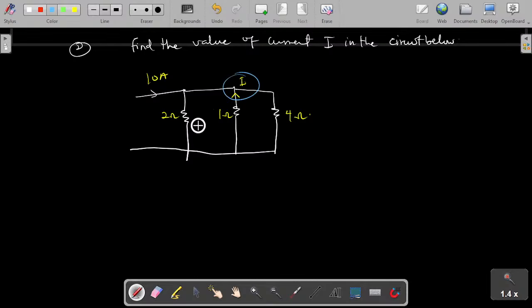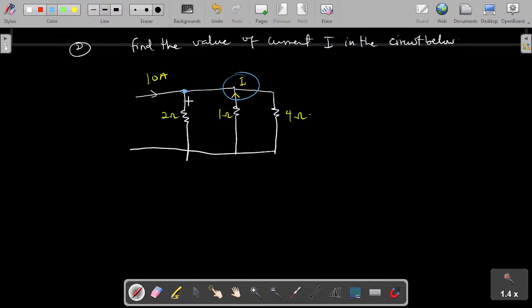But how do you think about this problem? The source here is a current source. The current source is arriving at this junction. But we want the current through one particular branch. So here we call it a current division problem, okay? Because the total current coming must divide.